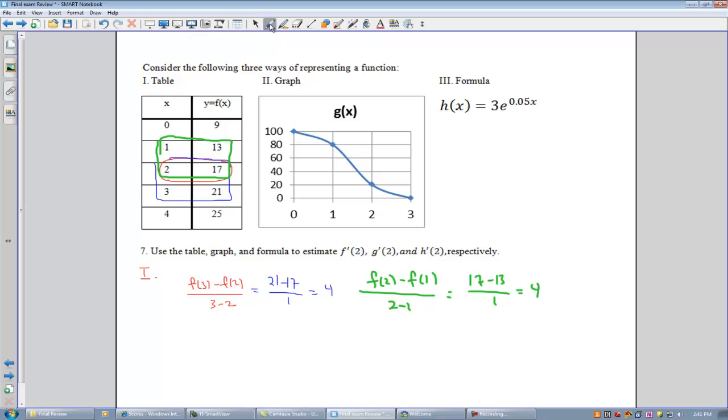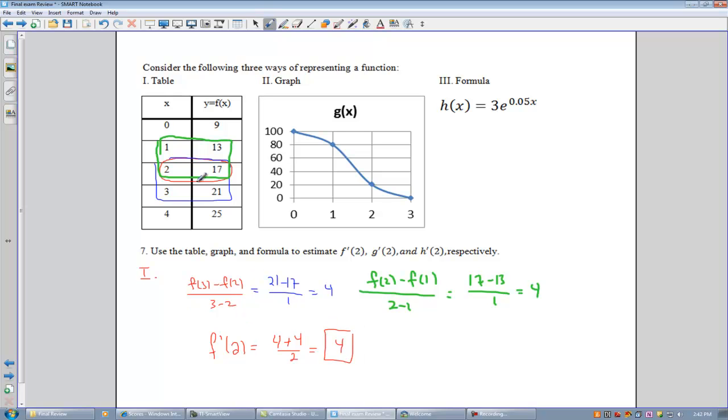To get my final answer, to estimate f prime of 2, the rate of change at 2, I could use my 2 approximations, add them together, and divide by 2. So I get the number 4.